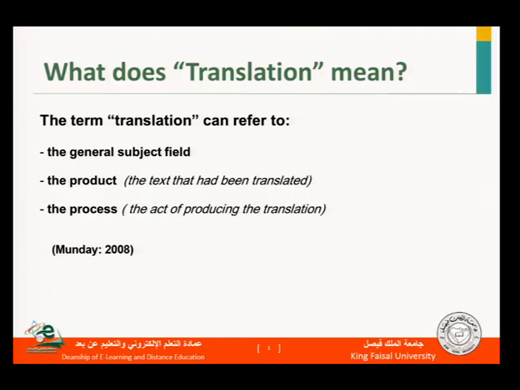يعني عملية الترجمة عملية النقل من وإلى لغة إلى أخرى باستخدام جميع الوسائل. هذه العملية القائمة هي عملية تسمى ترجمة أيضا، ممكن تقول عنها translation. يعني كلمة translation ممكن أنها أو هذا الترم المصطلح ممكن أنه يصف هذه الأمور الثلاثة حسب ما يقول مين؟ جيرمي ماندي. أنا أكلمكم مرة ثانية، جيرمي ماندي عنده كتاب اسمه إيش؟ اسمه Introducing Translation Studies.